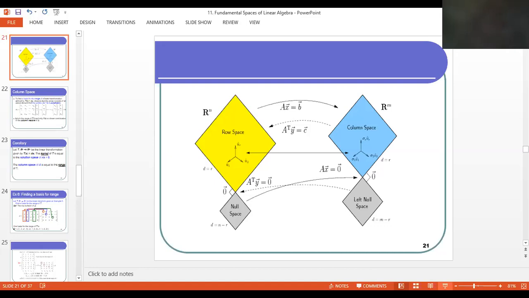The column space is spanned by the columns of the matrix of a transformation, which is generated when you take a transformation from Rn to Rn. So, dear student, we just start with the column space of a transformation. Let us start with some concept like this.